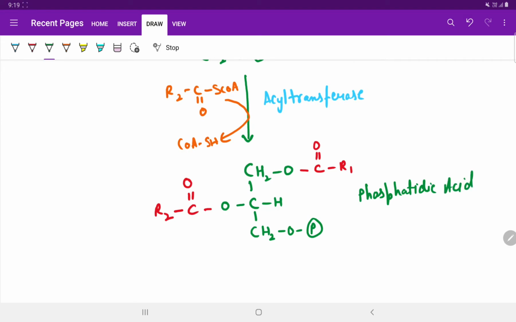Now from phosphatidic acid occurs the synthesis, or we can say formation, of lecithin and cephalin. Now here occur the main changes.